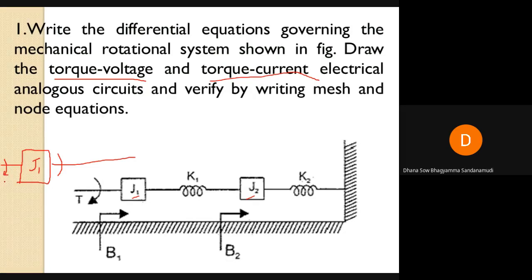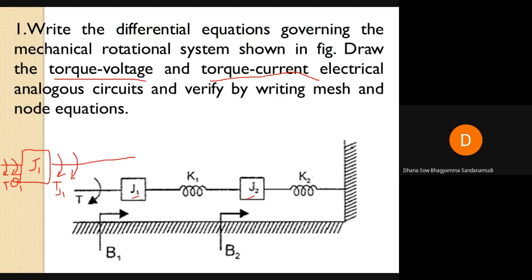Applied torque is T. What will the angular displacement at J1? Let us consider it as some theta 1. What are the opposing torques here? One torque is due to the moment of inertia itself.